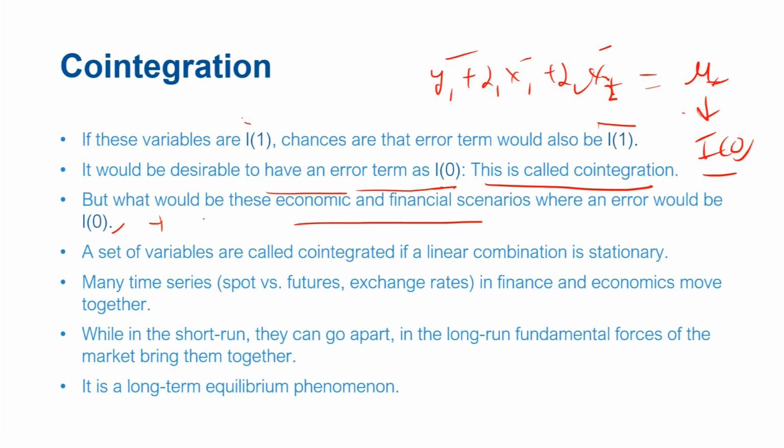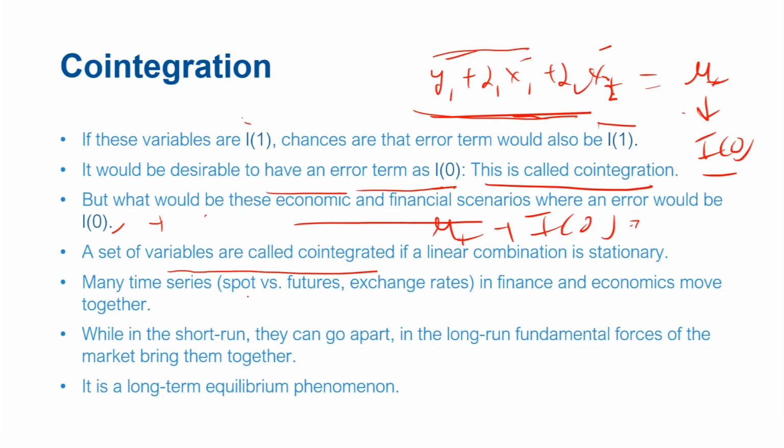And that is called cointegration. So if a set of variables are cointegrated, only then can you find a linear combination like this. There can be more such variables where you can find a linear combination resulting in a mu t which is integrated of order 0. Integrated of order 0 means it is stationary, and this will result in a property called cointegration across all these variables.